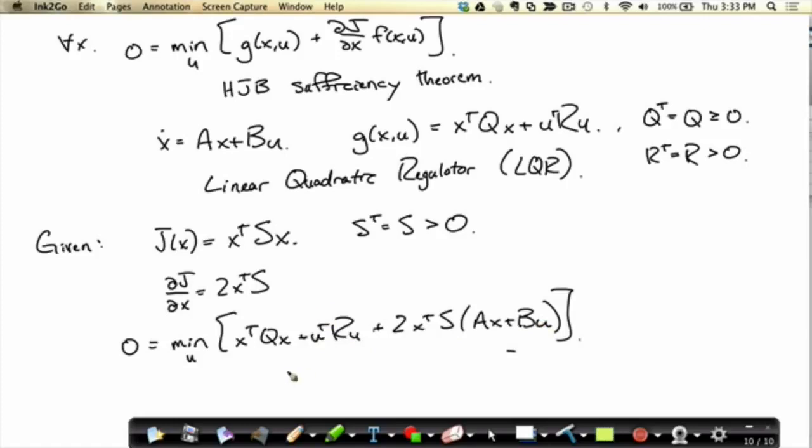And I get something that is very similar to what we saw before. It's negative R inverse B transpose S X. Okay, that's the minimizing value of U.